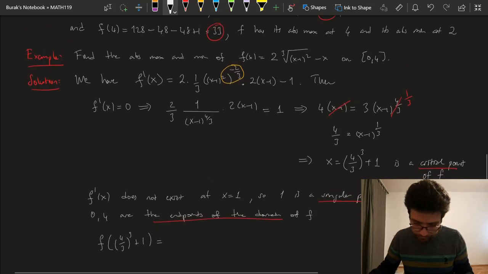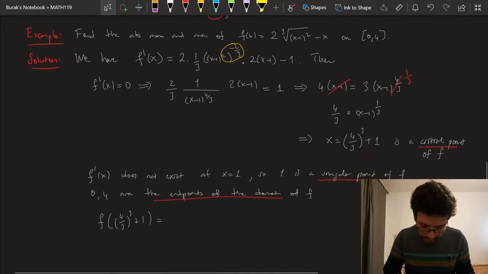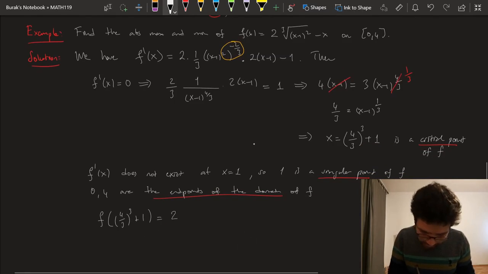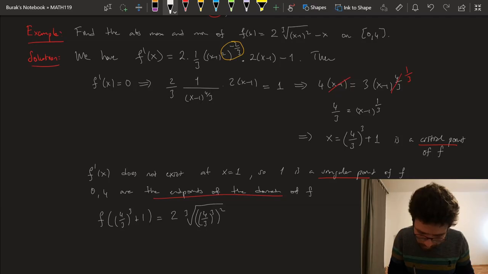If you plug this in, you subtract 1 from this and then square it. You're going to get cube root of 4 thirds cubed squared, and you're going to subtract this guy itself from this.